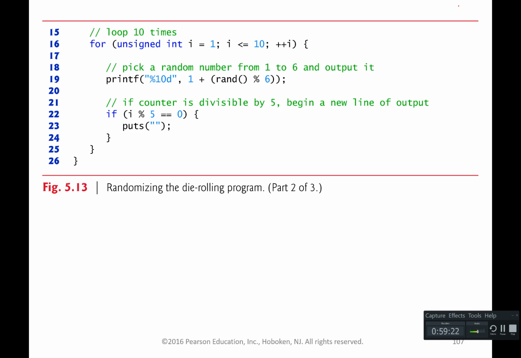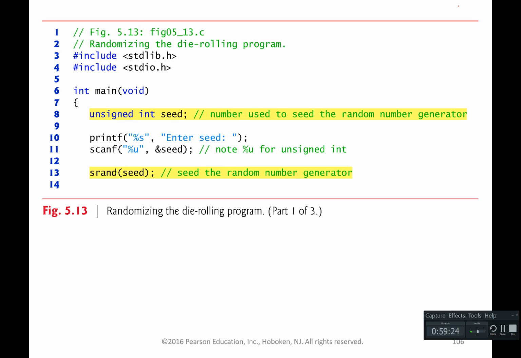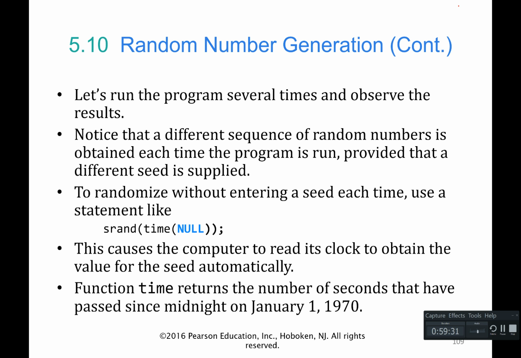Again, the function is srand, and we pass it a seed. In order to get a different seed each time without having to enter it, we normally would use the time function.